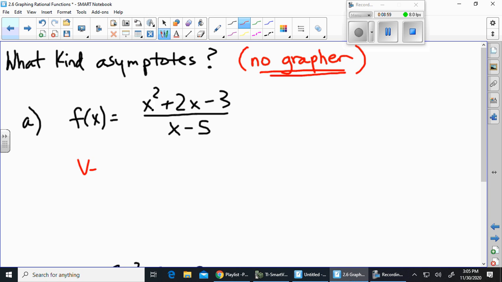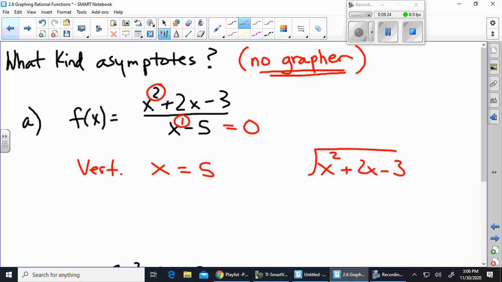Vertical asymptote: set the bottom equal to 0. x equals 5. End behavior: could be horizontal, but the degree of the top is bigger than the bottom, so it's not horizontal. I have to take the top and divide by the bottom.